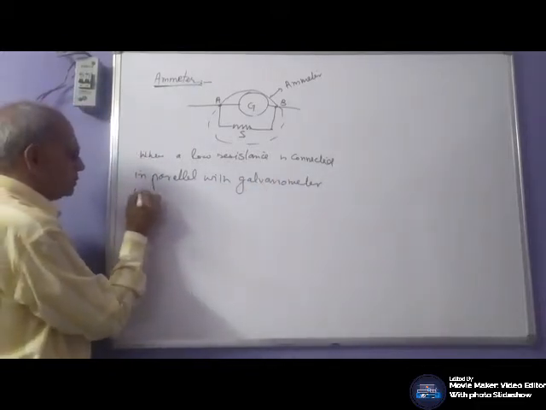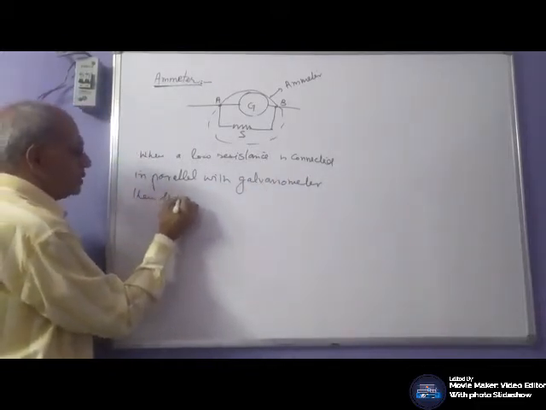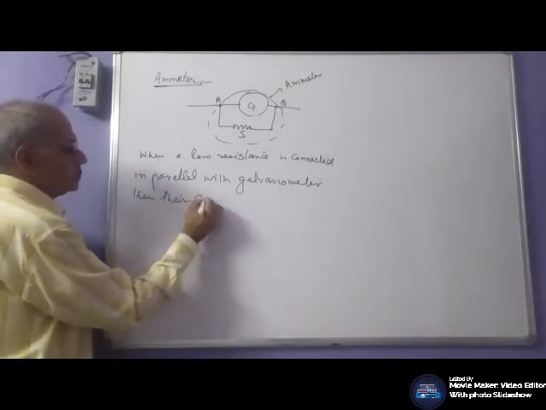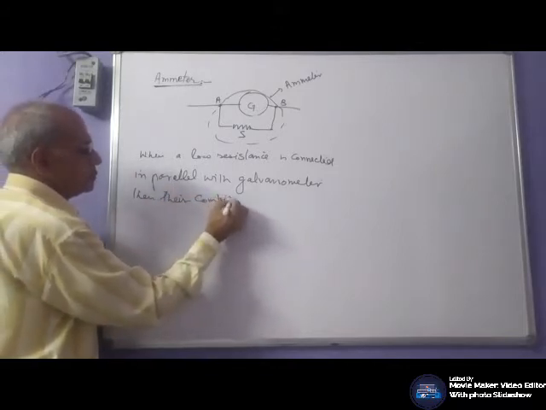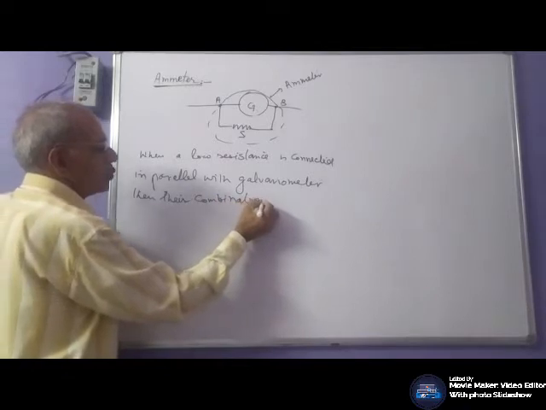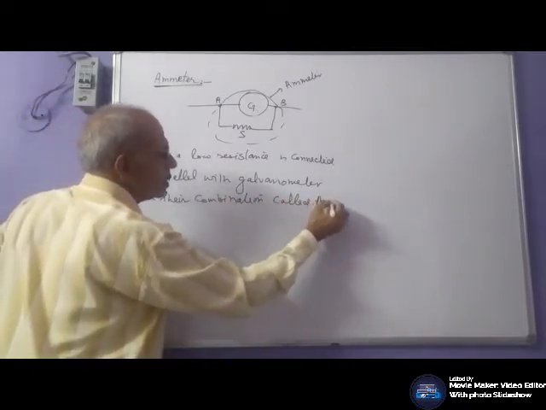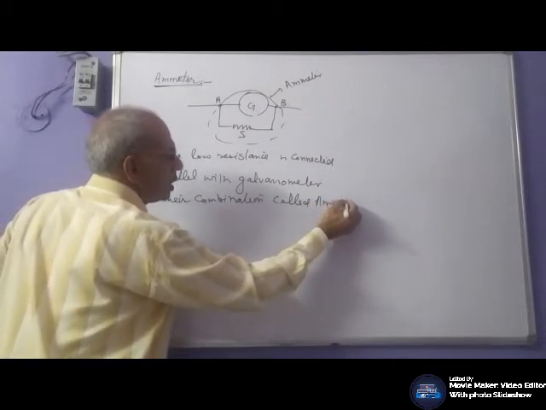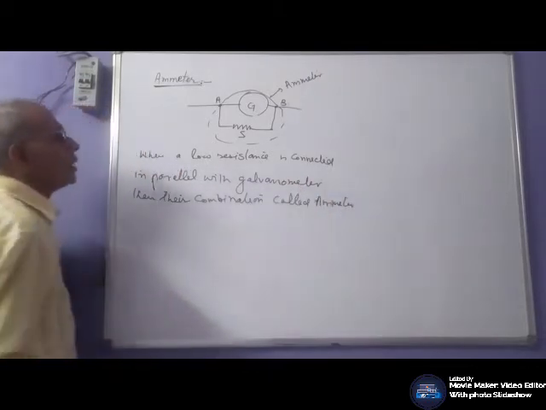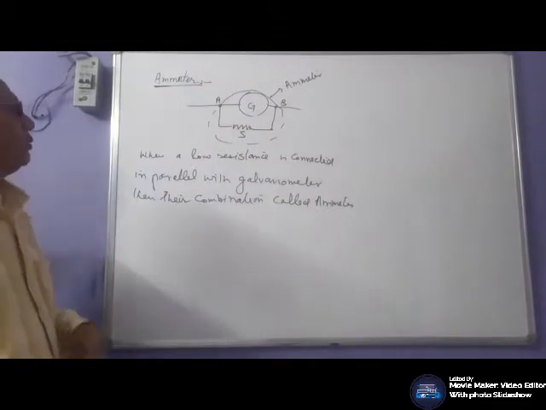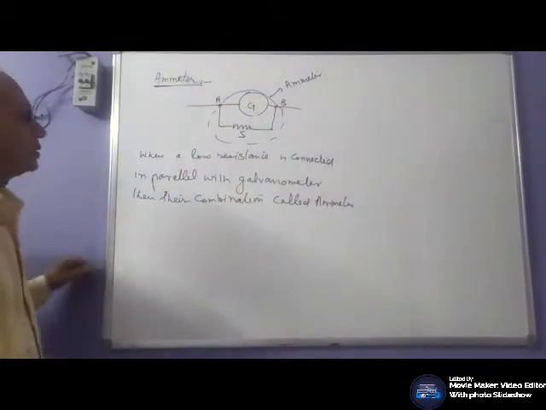Their combination is called what? Ammeter. Galvanometer is a device for measuring low currents.